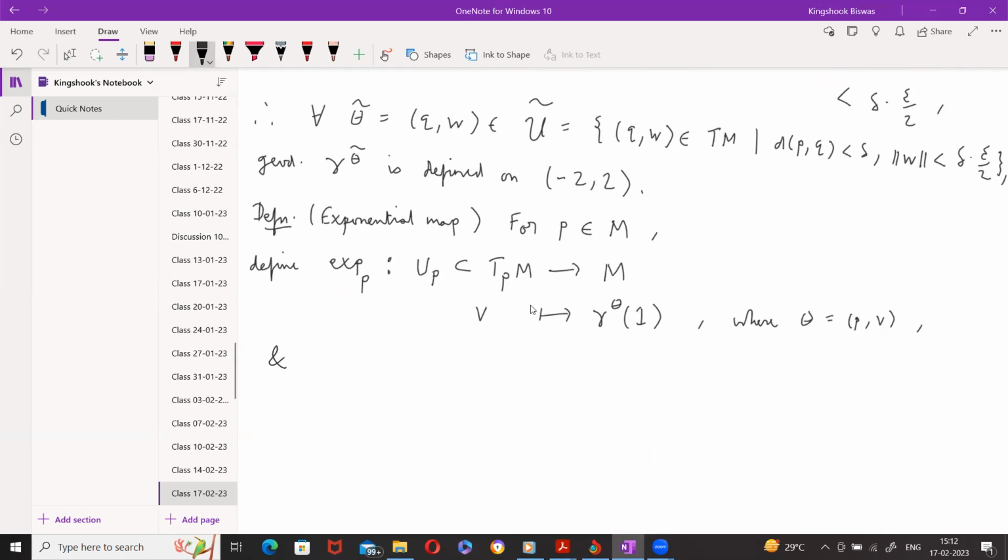Let's say UP is the set of V in TPM such that if theta is equal to P comma V, then gamma theta is defined on 0 to 1 plus epsilon for some epsilon positive.